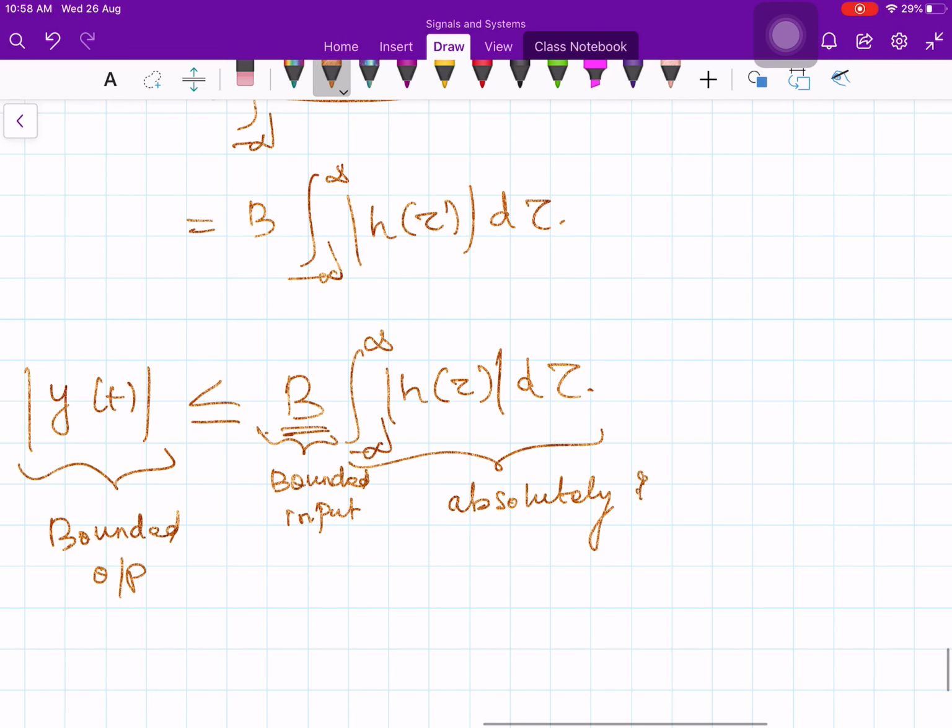That means you are taking the absolute value of h of tau and then doing the integration. That is why it is called absolutely integrable. Therefore, the system is stable if the impulse response is absolutely integrable.